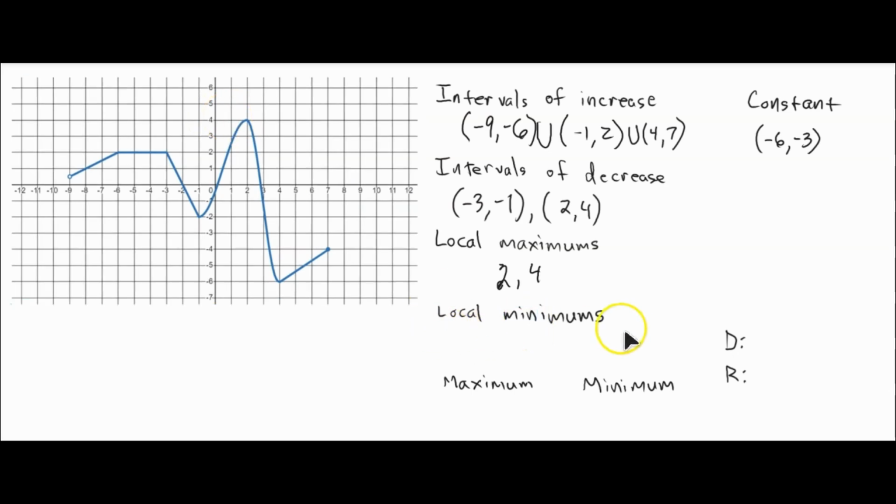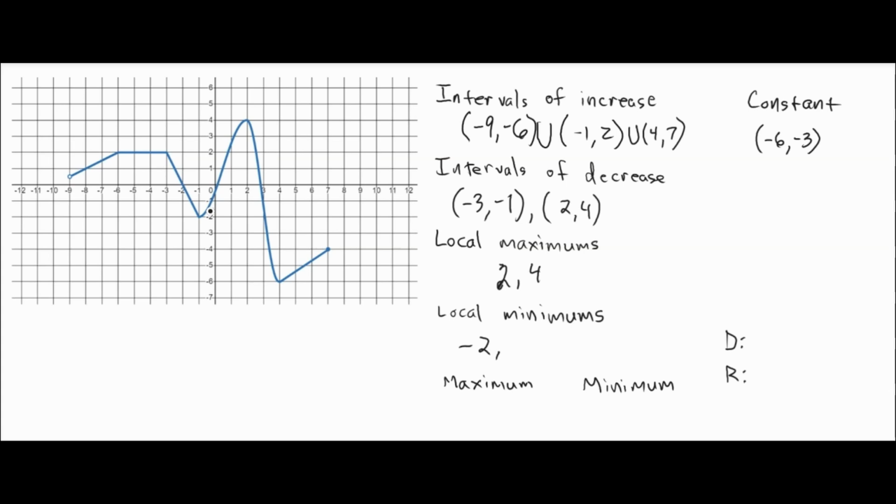If we do the same thing for local minimums, you can see that if we go to this spot right here at -1, -2, even though there are lower points on the graph, in the immediate area this is the lowest point, and therefore we have a local minimum at -2.